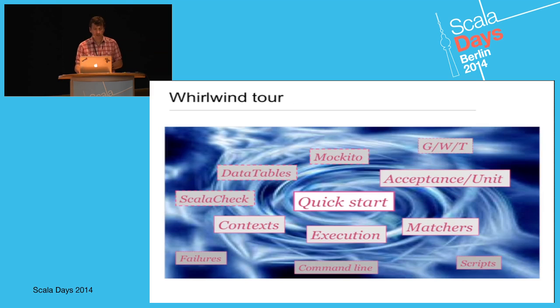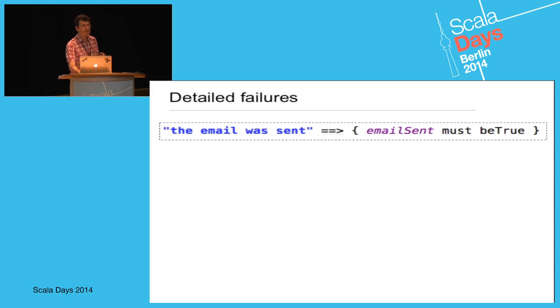Another way to be fast is to have precise error messages. It's not always easy to have precise error messages. For example, with the file API in Java, when you try to delete a file, you say new file.delete, and you get back a Boolean, okay? So if you want to use that in your example, you're going to say new file.delete must be true.